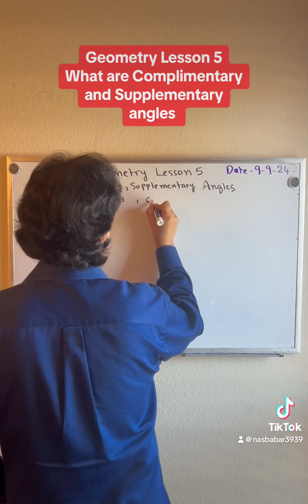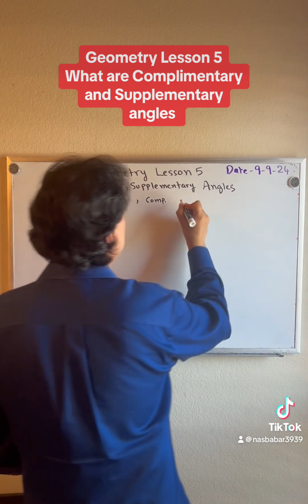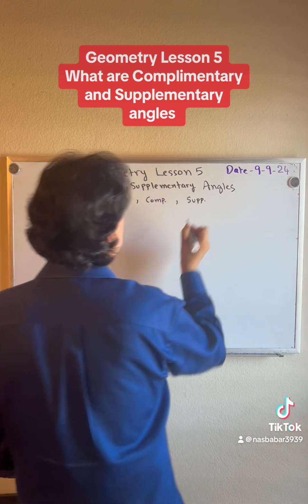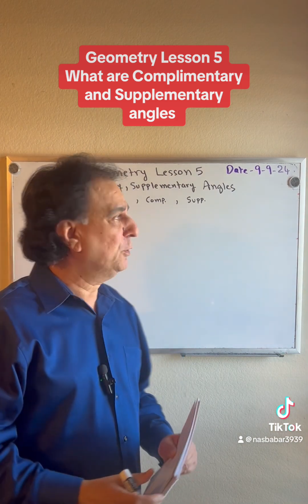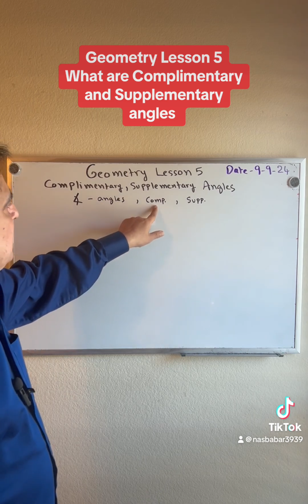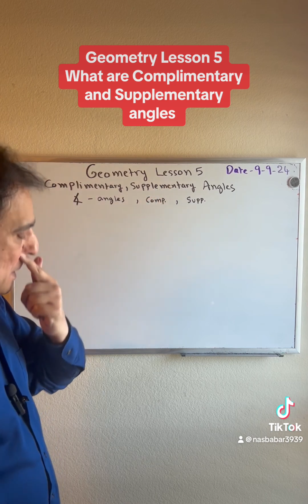Complementary, I'm going to just write down COMP and a full stop, and for supplementary, I'll just do SUPP. So if you see me using these abbreviations, don't get confused. This basically means angles, this means complementary, and this means supplementary.